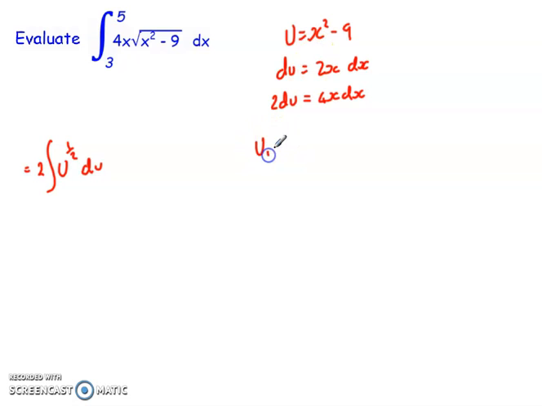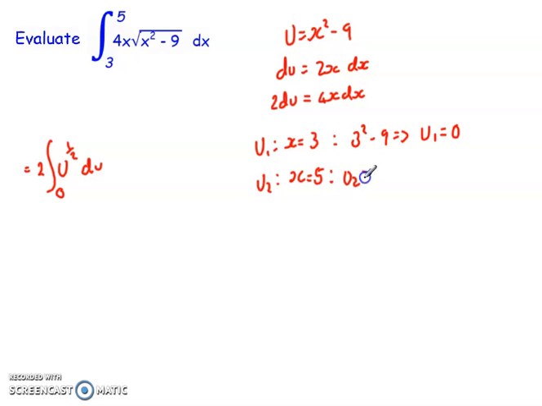So my lower limit, let's call it u1, that's going to occur when x is equal to 3. And when x is equal to 3, what I'll get is 3 squared minus 9. So for that, I can say my lower limit is now u1 is equal to 0. If I then look at the upper limit, let's call that one u2, I know that that's going to occur when x is equal to 5.